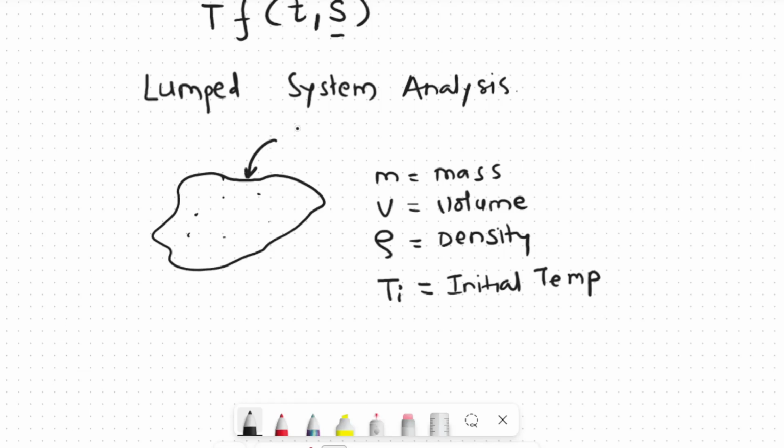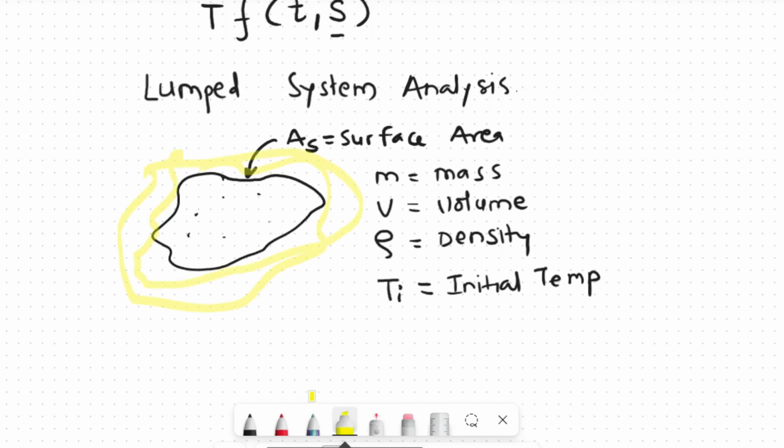Suppose As is the surface area of the body, and this body is exposed to a fluid, and let us say the fluid is at temperature T infinity and the heat transfer coefficient is h. Okay.